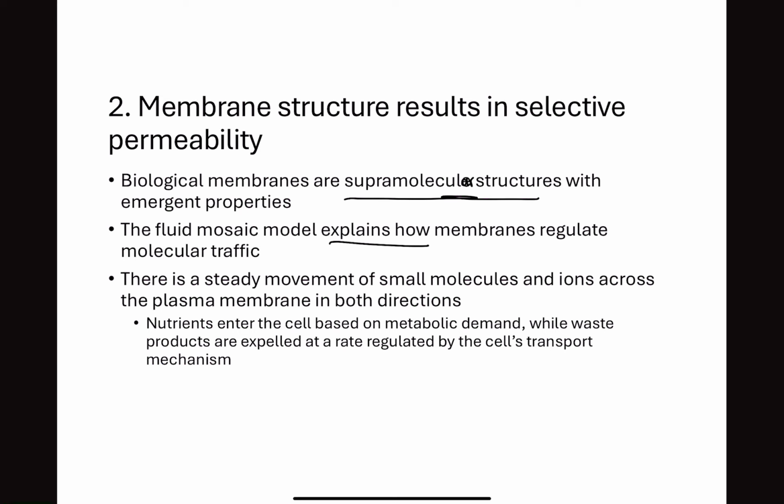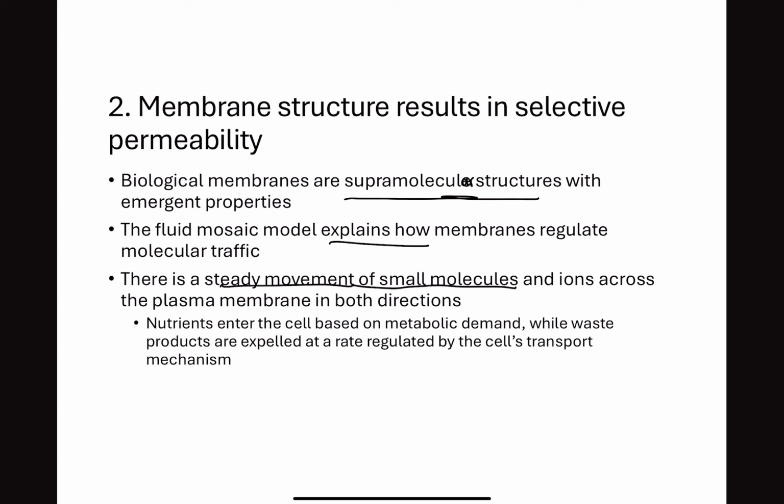So we have this steady movement of small molecules and ions across our plasma membrane in both directions. For example, sugars, amino acids, and other nutrients are going to enter a muscle cell, and metabolic waste products are going to leave the cell also.